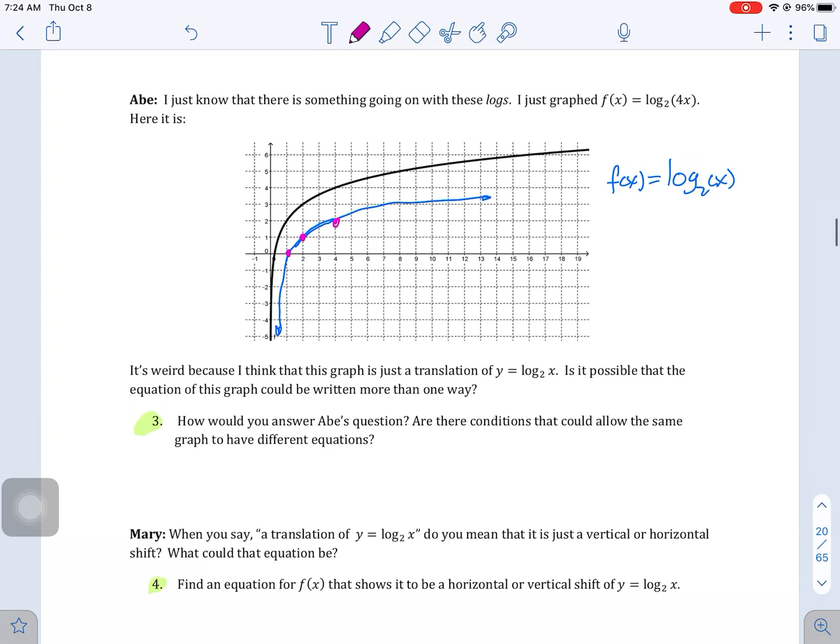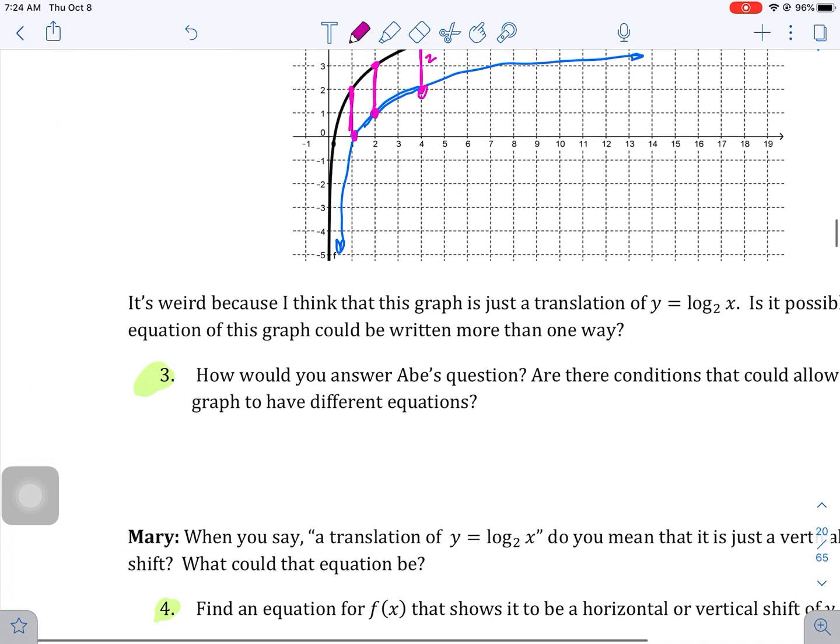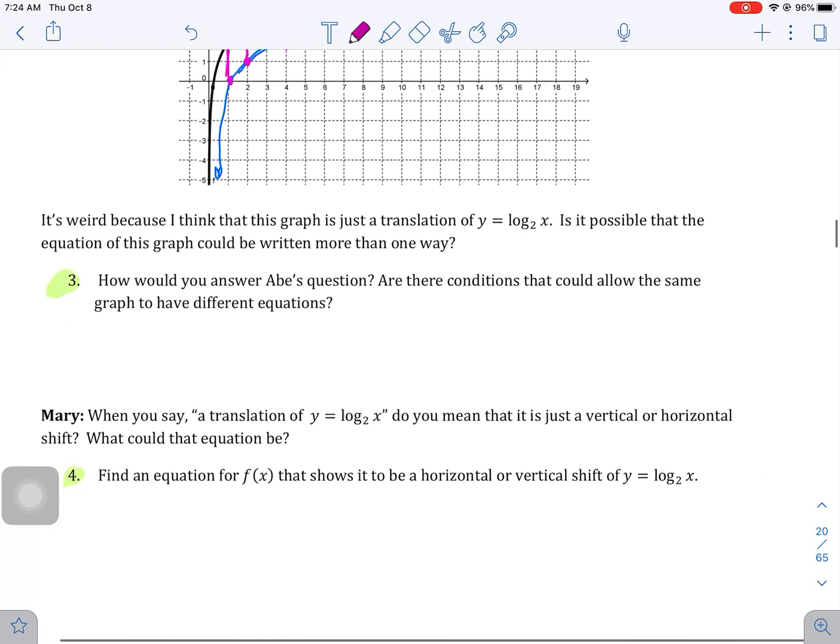If we want to say an exponent of 0, that gives us an x value of 1. If we want to say 2 to the first, it gives us an x value of 2. If we want to say 2 squared, it gives us a value of 4. And what you notice is that the distance between the parent function and the new function is 2. So it seems like it's 2 more.